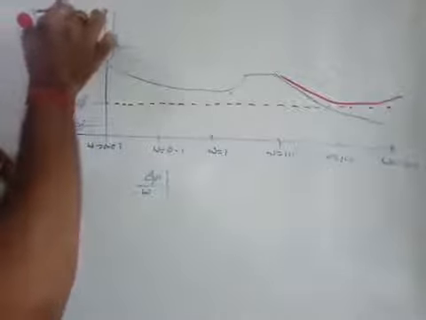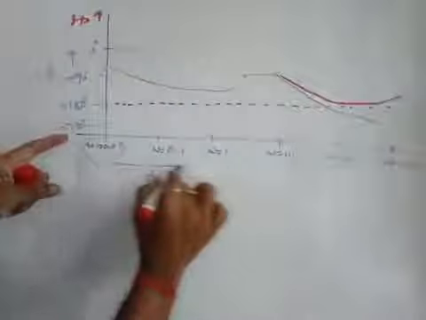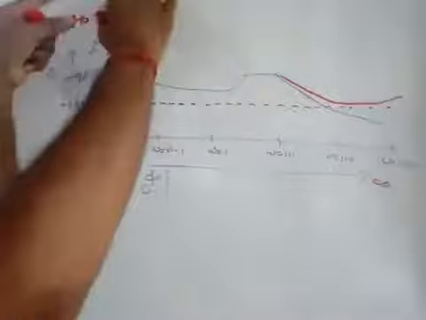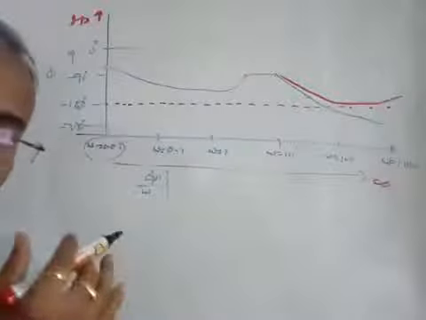So this is your gain curve, and you will find the phase curve here for omega from 0.01 to infinity, right? Corresponding to this, you can draw the magnitude curve, and that in total gives you the Bode plot, right?